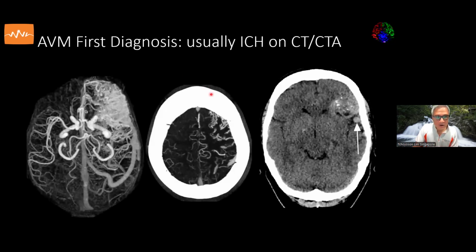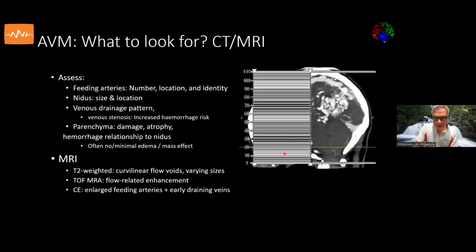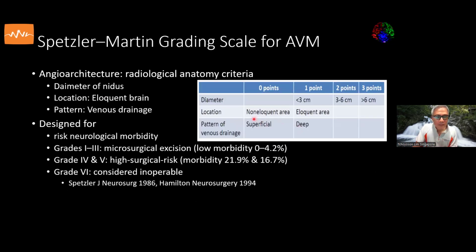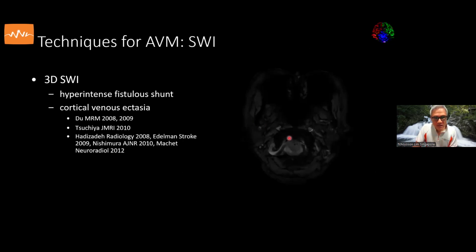So an example of AV malformation in a patient who did not have a hematoma. And what we look for in these patients is we assess the feeding arteries, the nidus, and the MR draining patterns. We'll skip this.